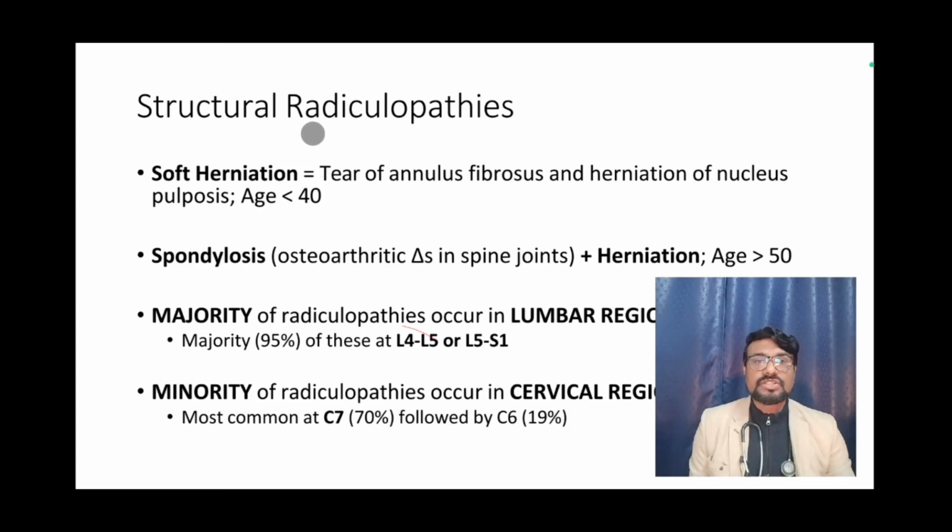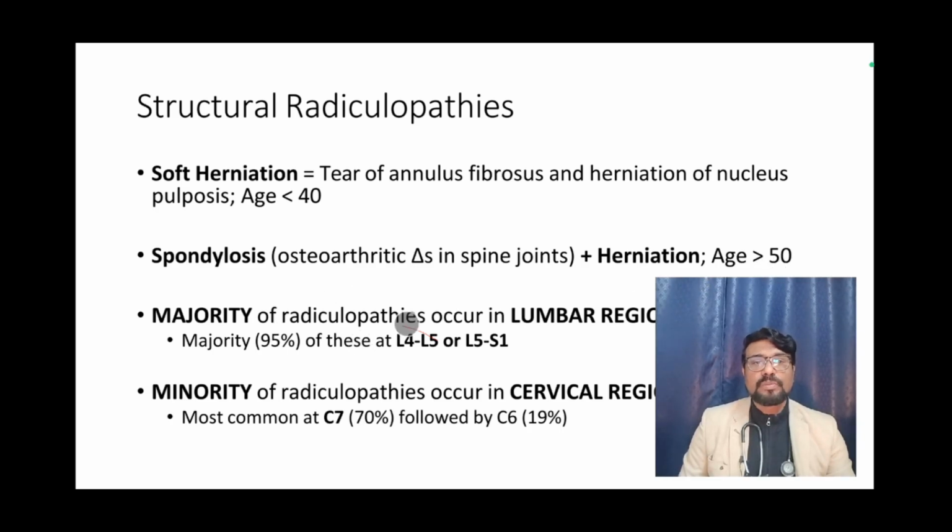Then structural radiculopathies: soft herniations, that is, tear of the annulus fibrosus and herniation of the nucleus pulposus, are common with age less than 40. Spondylosis with osteoarthritis in the spine joints and herniations occur at the age of greater than 50 years.